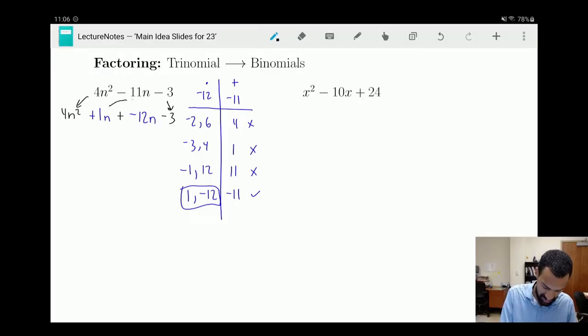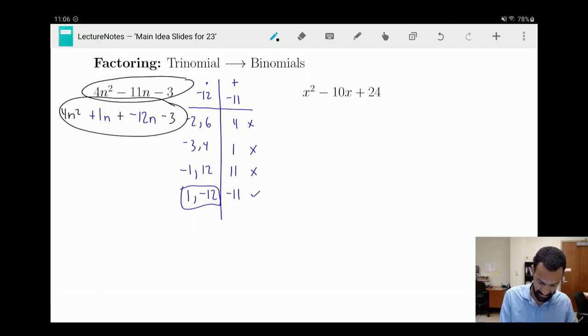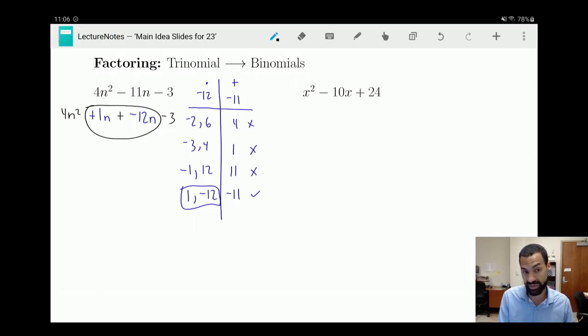This middle term split into two. You can see the relationship between each line here, right? You can see how this line connects to this line. If you were to combine these two terms together, 1n plus negative 12n, you would get negative 11n, right? So that is what we get when we try to split negative 11n into two terms.